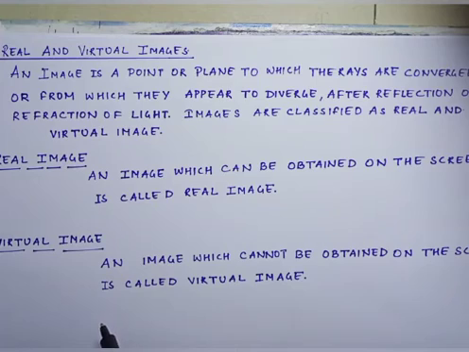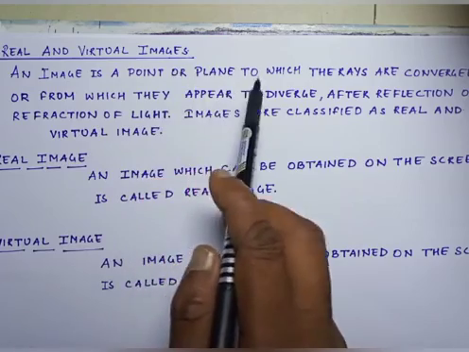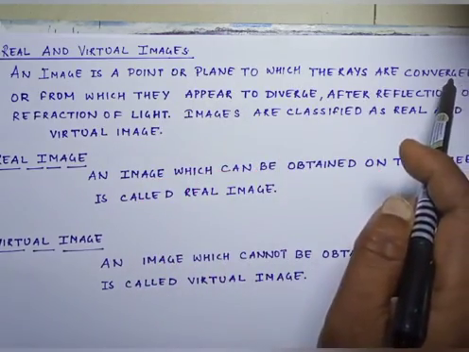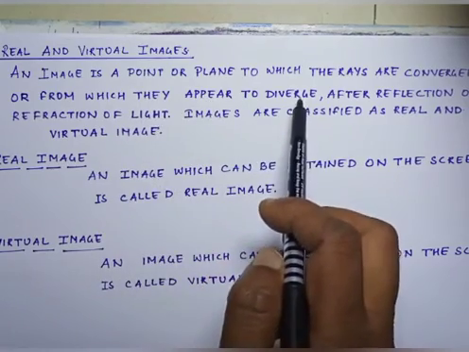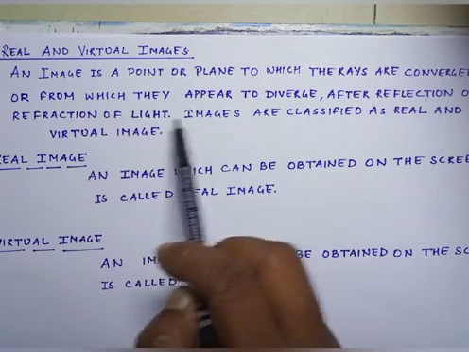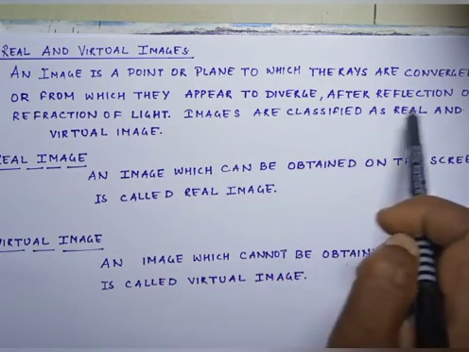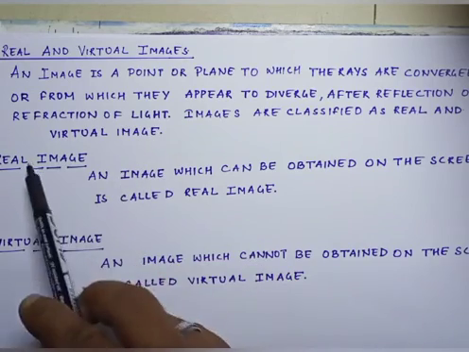Let us move to another topic, that is real and virtual images. An image is a point or a plane to which the rays are either converged or from which they appear to diverge. After reflection or refraction of light, images are classified as real and virtual images.